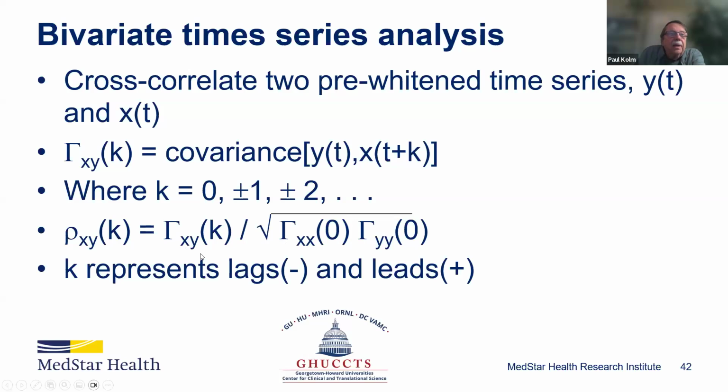And so K, as we talked about before, represents lags, but now we're also going to talk about leads. In other words, K here can be either positive or negative, and we'll see what that means with an example.